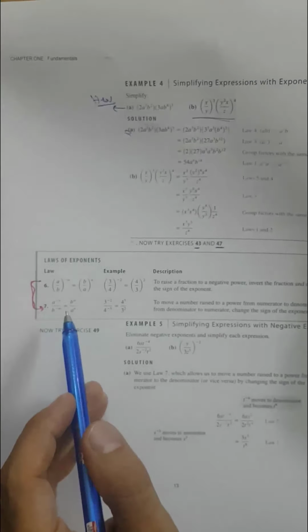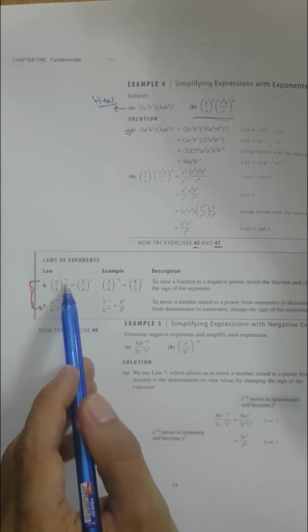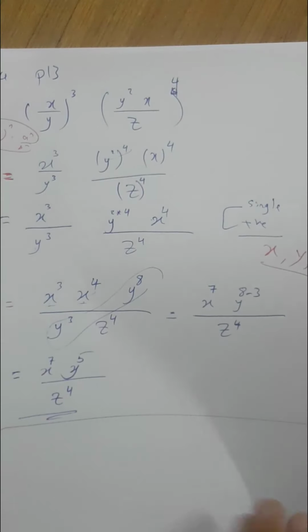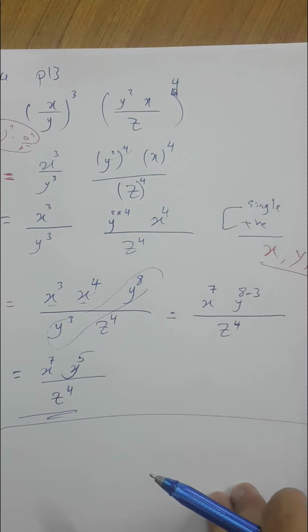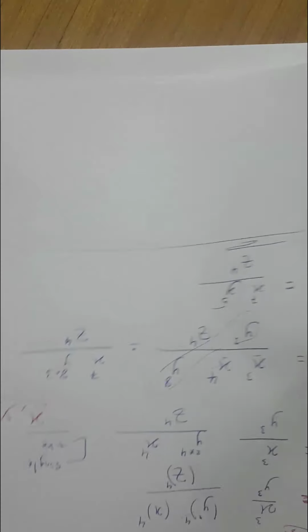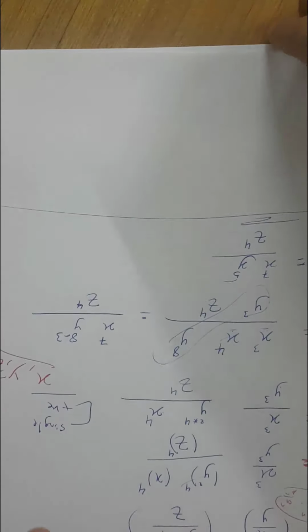Now again, as I told you on page 13, there are two more important properties here, with the minus sign. So how do we deal with that one? Now, in this example, we have a big parenthesis.